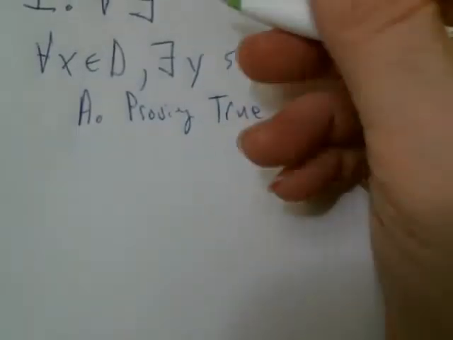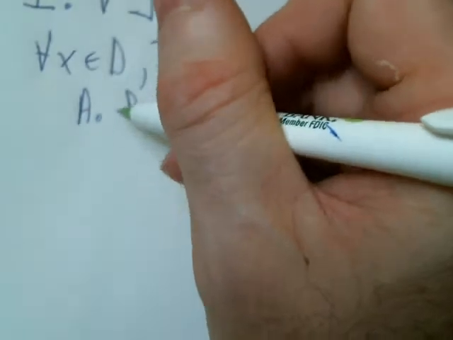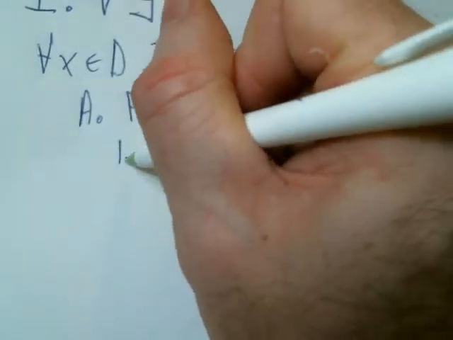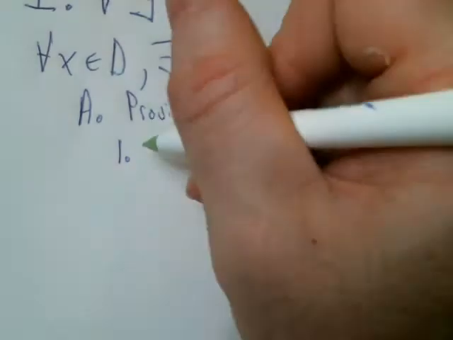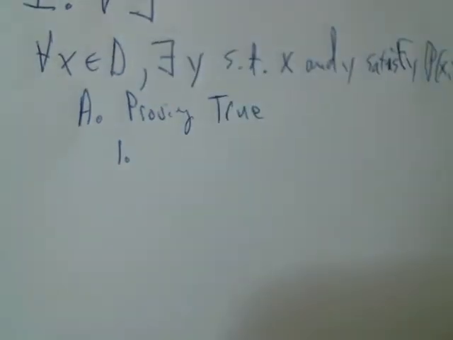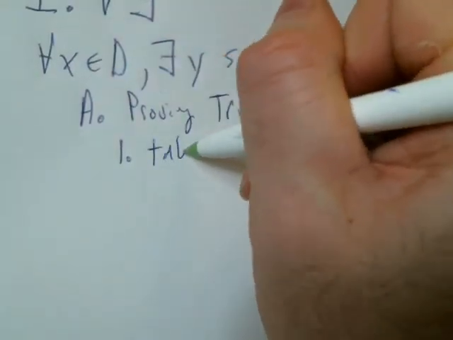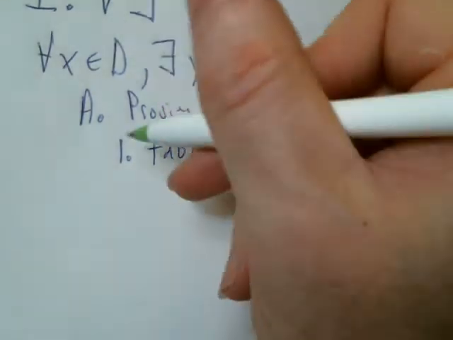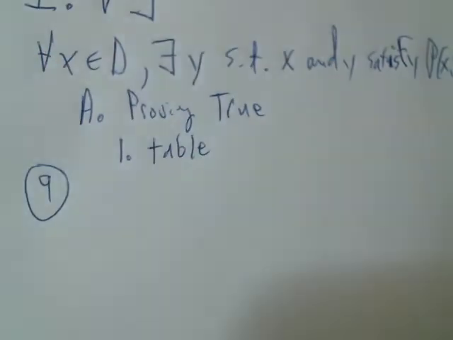For the finite case, when you only have a finite domain to deal with, you can just do the method of exhaustion. And the book uses tables. Okay, so I just indicate this as a table, and we'll look at problem number 9 in the book.